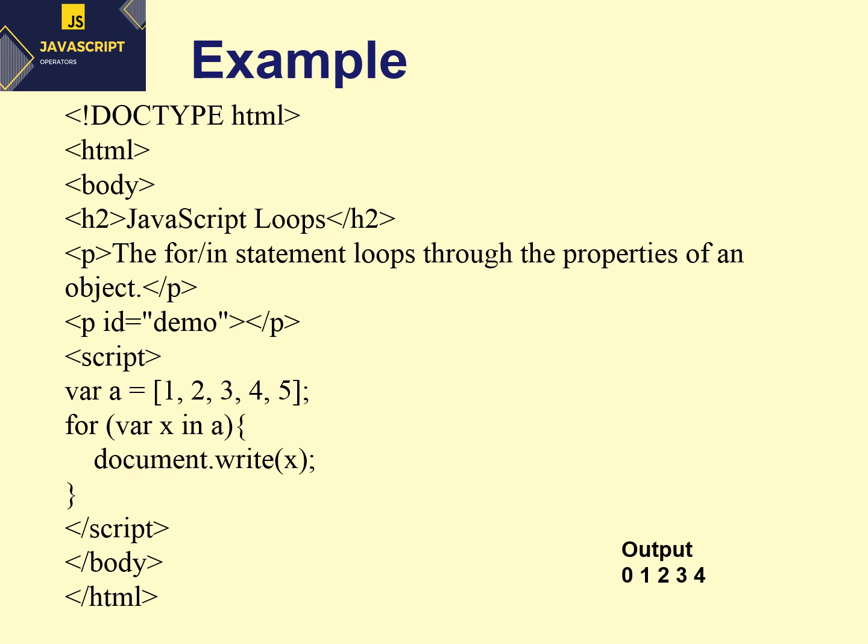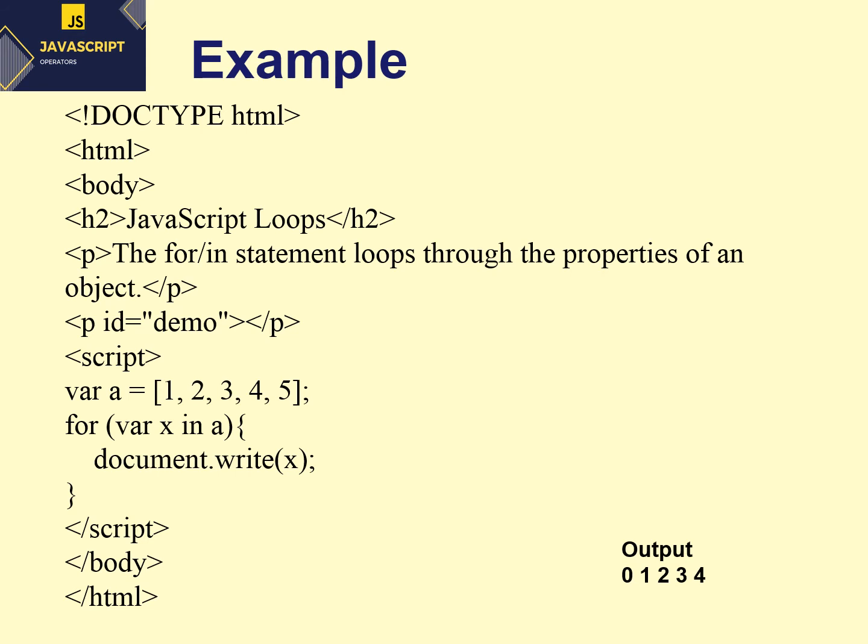Here x stands for the corresponding index, var x in A, which gives that x is the first index value. And it is specified document.write of x. So at present x takes the index value 0. So that 0 will be printed.